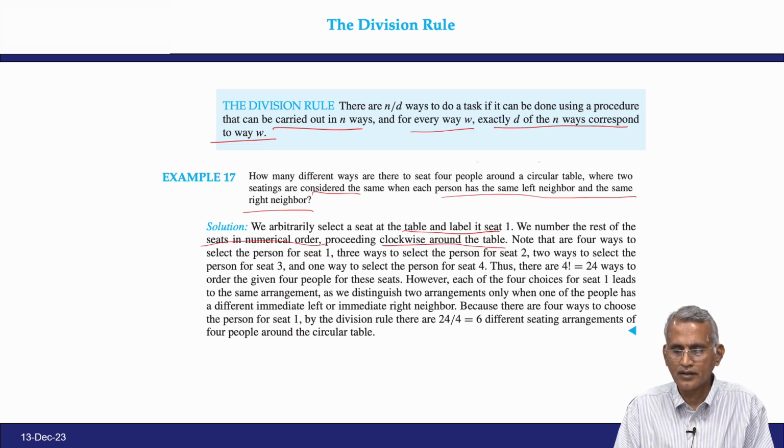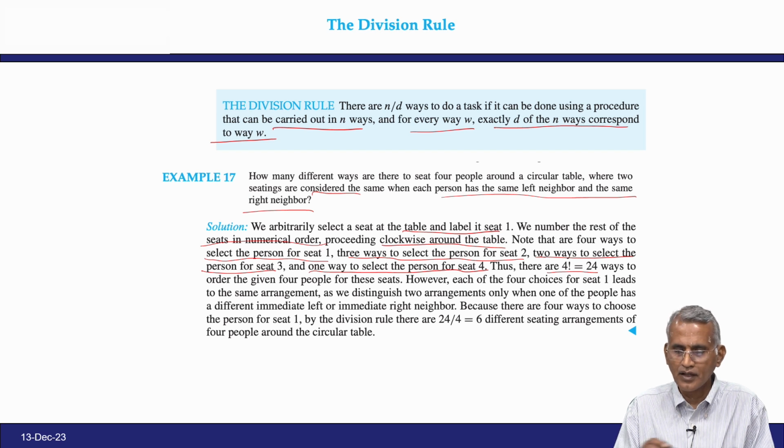Note that there are 4 ways to select the person for seat 1, 3 ways to select the person for seat 2, 2 ways to select the person for seat 3, and 1 way to select the person for seat 4. Therefore, there are 4 factorial, equal to 24, ways to order the 4 people in these seats.